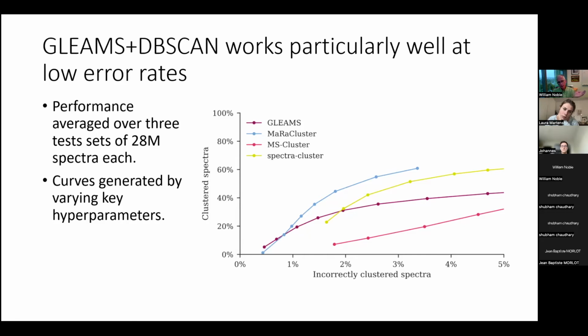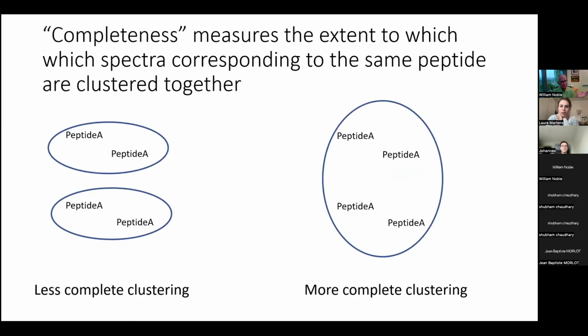Furthermore, you can look at other things, like, for instance, completeness. This is a standard metric for evaluating clustering algorithms, which means you're essentially asking how often spectra with the same label are clustered together. So if you have an example on the left, both of these clusters are correct, but it's incorrect in the sense that you've taken all 4 of peptide A and split them into 2 clusters, and it's clearly better to have a more complete clustering like the one on the right.